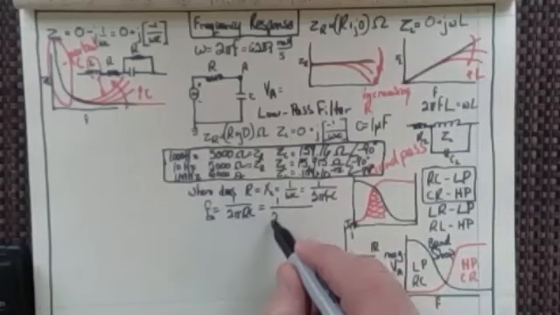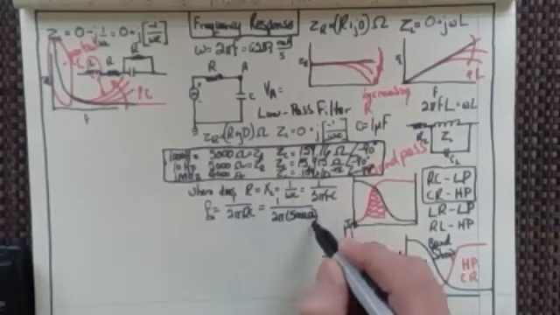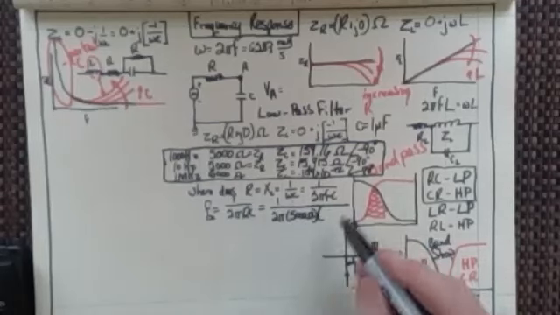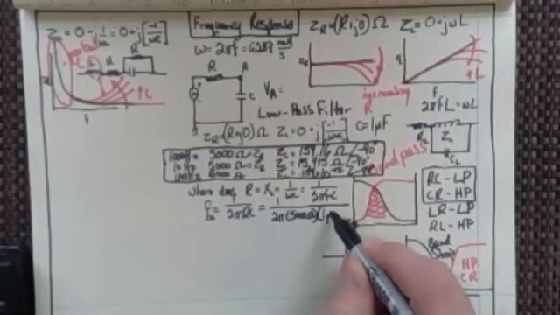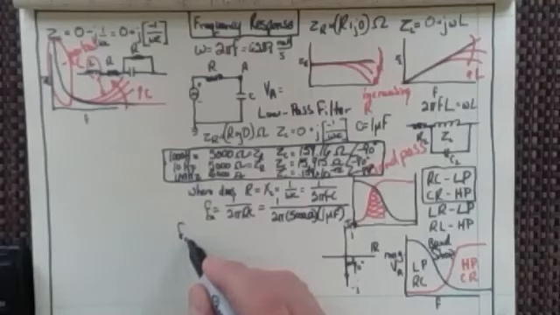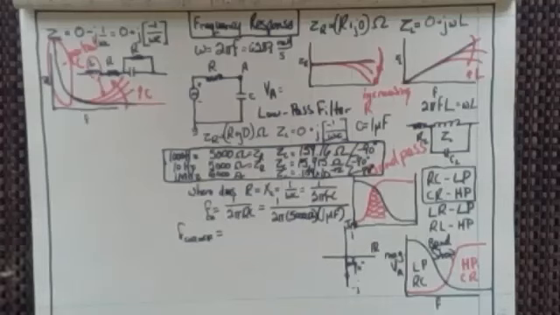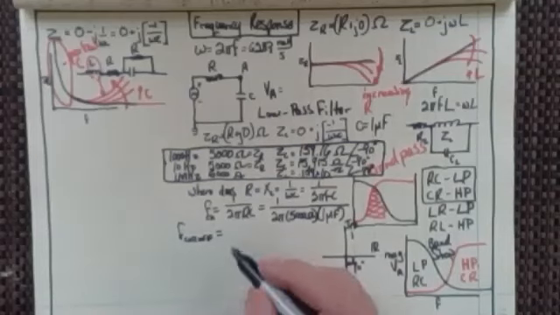So 1 over 2 pi times 5,000 ohms times C, which is 1 microfarad, and we should be able to find our cutoff frequency. So the cutoff frequency is going to be 5,000 times 1 microfarad times 2 times pi.